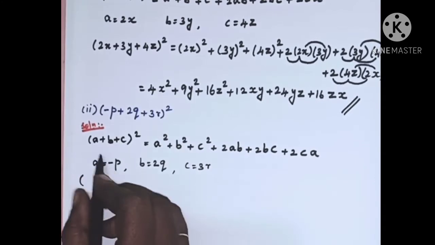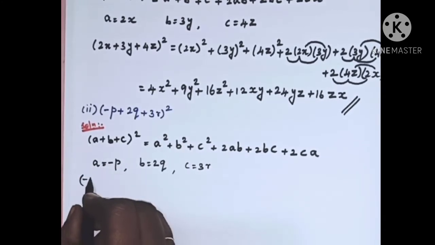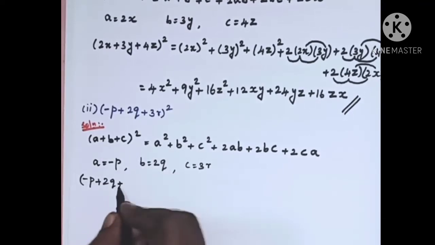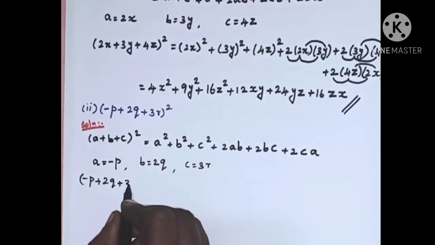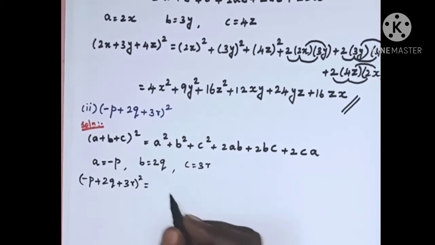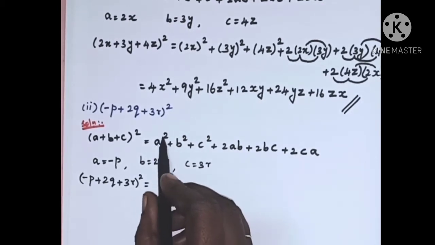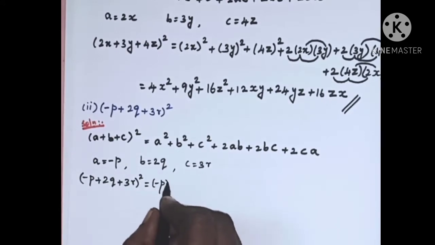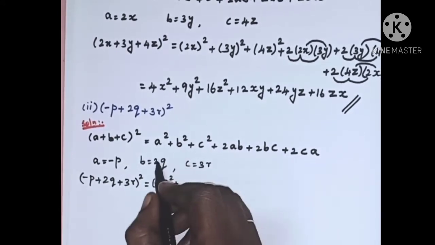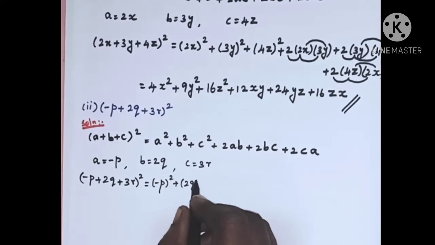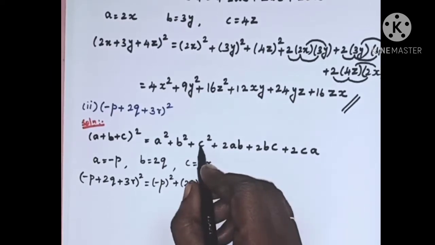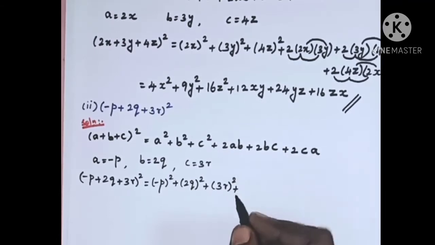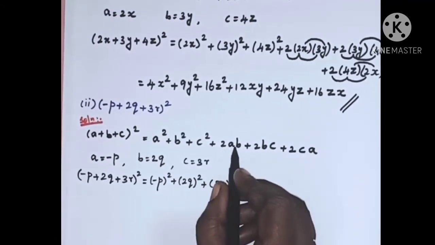So the value of a is minus p plus b is 2q plus c is nothing but 3r, the whole square is equal to a square. In the place of a we have to put minus p. So minus p the whole square plus b square is nothing but 2q the whole square plus c square, c is nothing but 3r the whole square, plus 2 into ab.